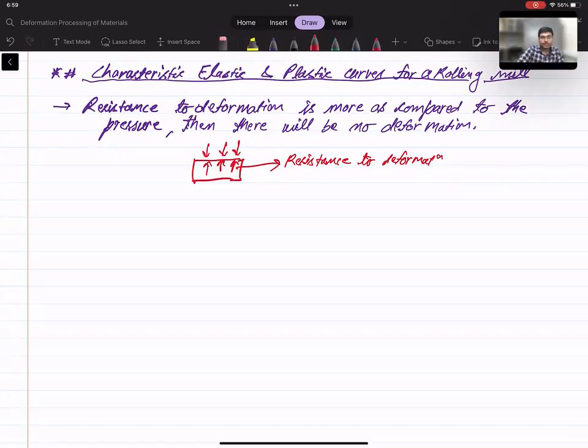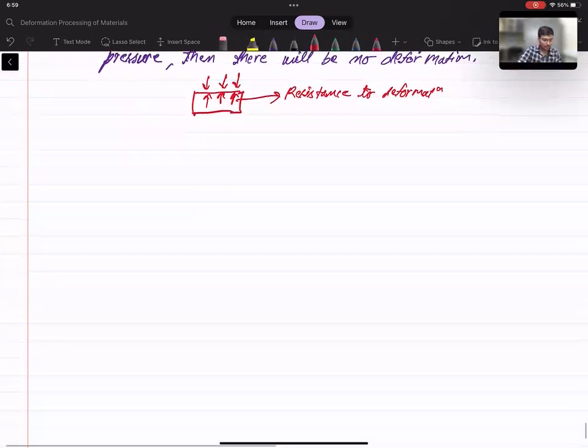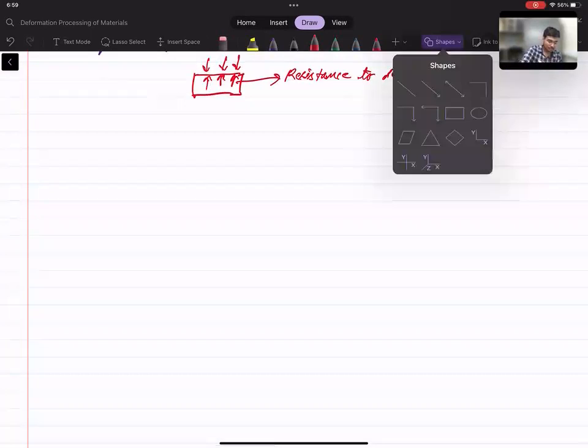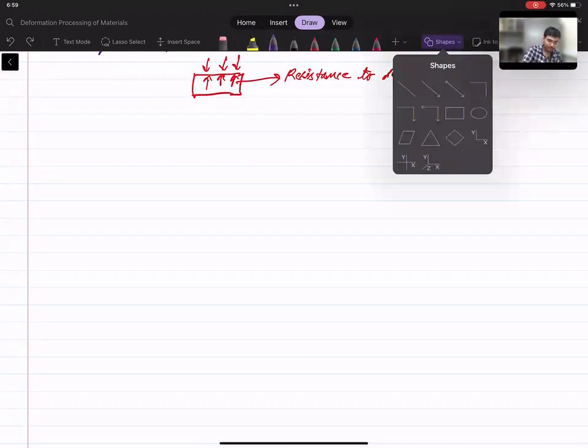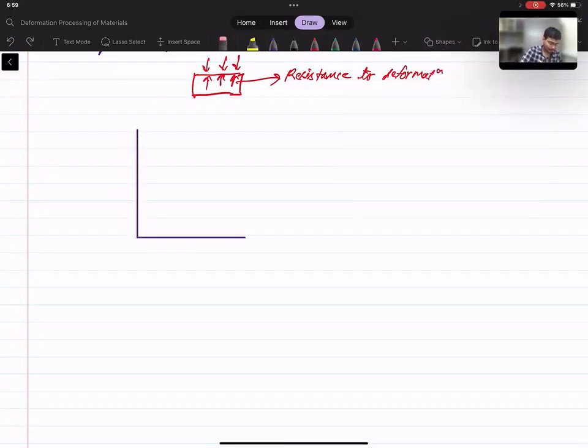Now, for any given condition of operation, the rolling load varies with the thickness of the workpiece, which is indicated by plastic curves and elastic curves. The typical plastic and elastic curves are represented as follows.